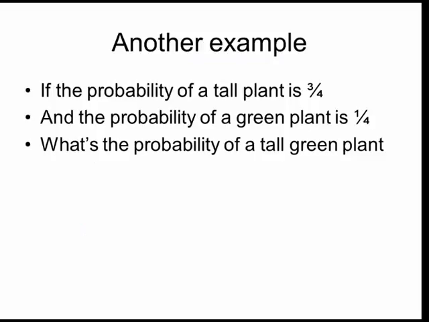So we use this, of course, a lot in looking at basic genetics. If you do a particular cross, and in that cross you have a probability of 3/4 that you're going to get a tall plant, and you have a 1/4 probability of getting a green plant, what's the probability of getting a tall and green plant?